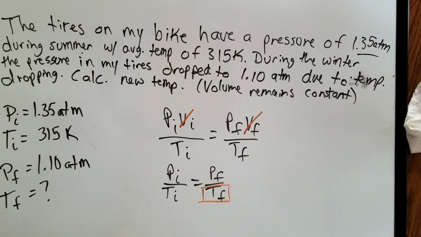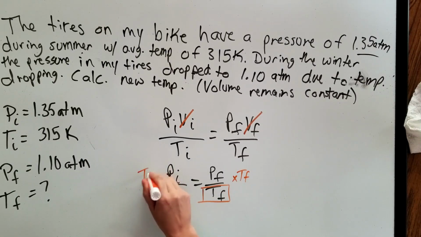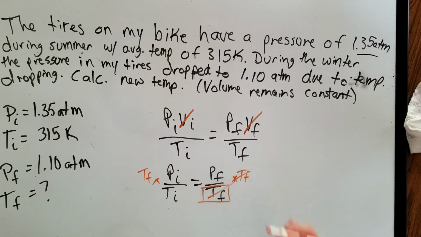So I want TF by itself. To do that, I'm going to multiply by TF, because I don't want it in the denominator, I need it up in the numerator. Do that to both sides of my equation, and it cancels out on that side. So I have TF PI over TI, and then PF here.